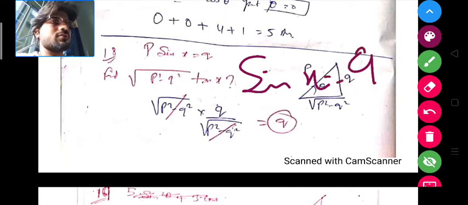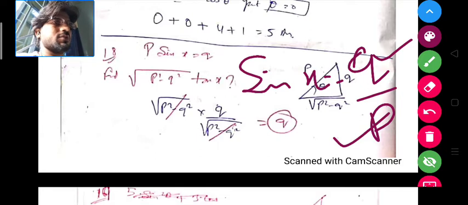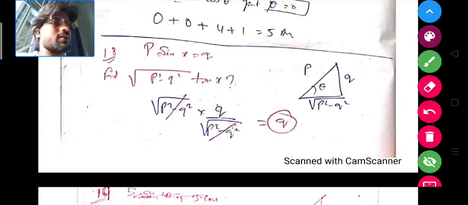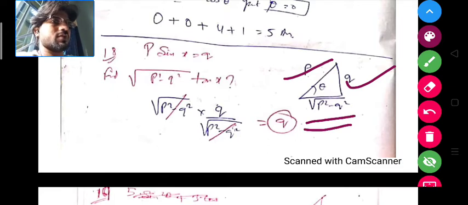Q by p. Okay, so this is perpendicular, this is hypotenuse. So you put it in a right angle triangle, and you get q, p, and you get it by Pythagoras theorem, q, under root of p square minus q square.